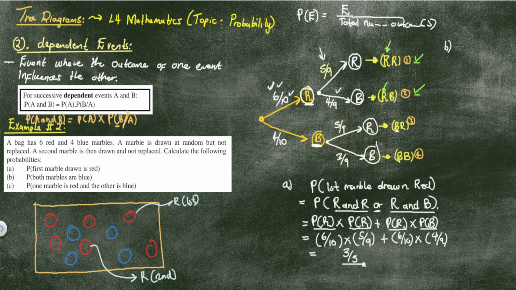What did you get for B? I got 2/15. 2/15. Did someone else get it? 2/15, sir. Okay, 2/15. Are you guys done with C? No, sir. Okay. You know what? Maybe 2 more minutes just to finish off with C.